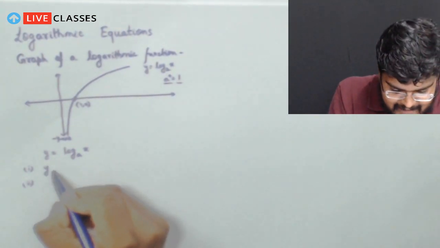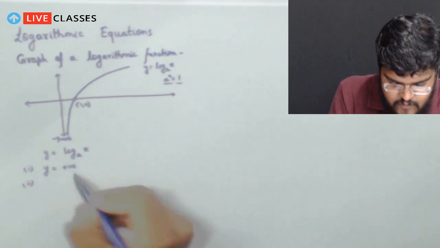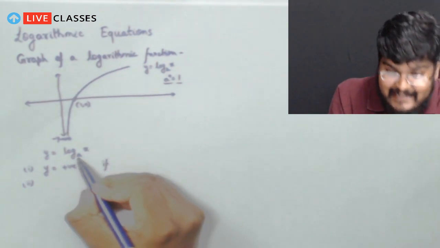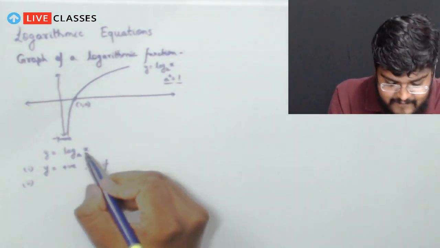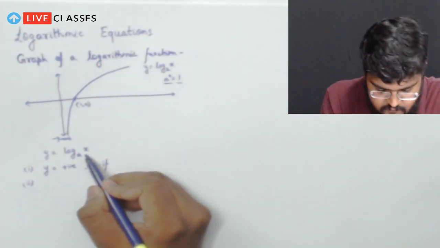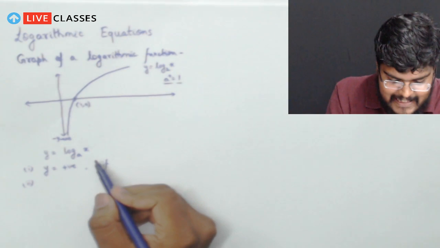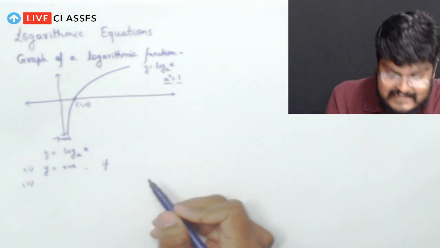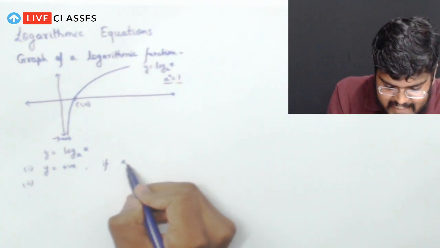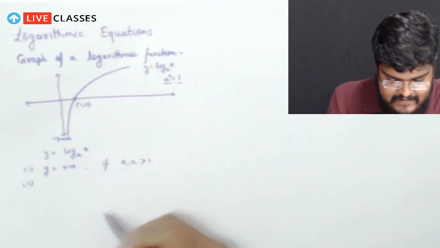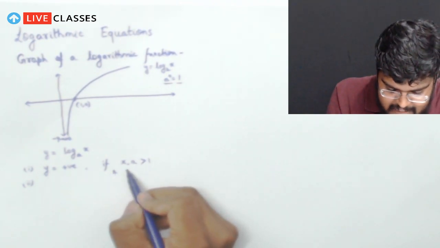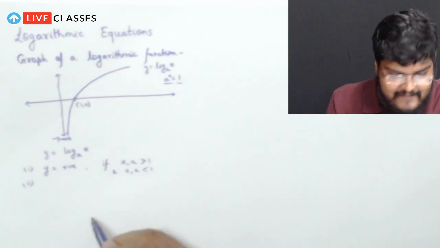So you can say that the value of y will be positive if x and a, that is the base and the value of which you want to find the logarithm, both lie on the same side of x is equal to 1. So y will be positive if x comma a both are greater than 1, and at the same time it will again be positive if x comma a both are less than 1.